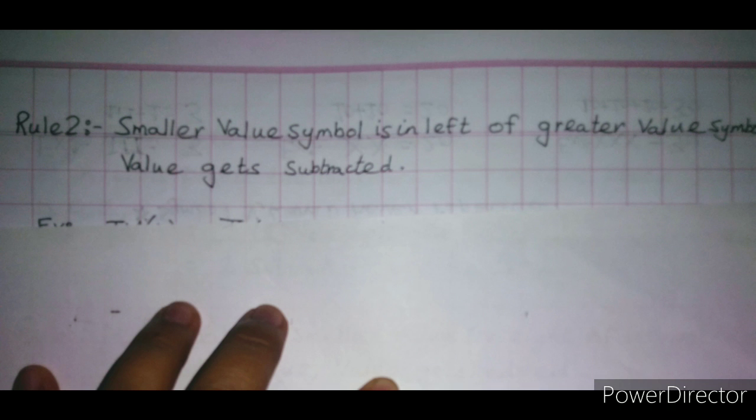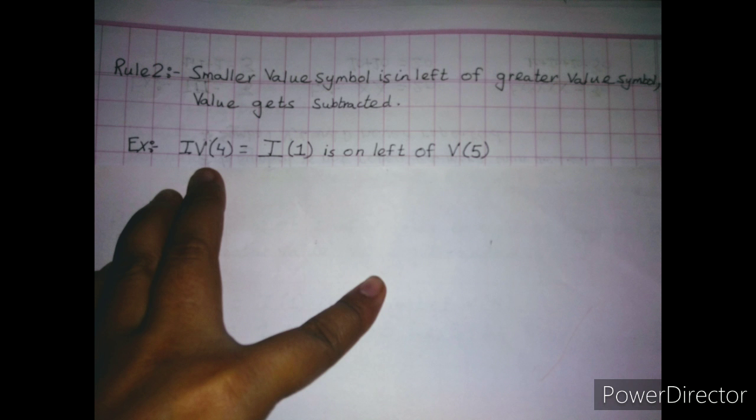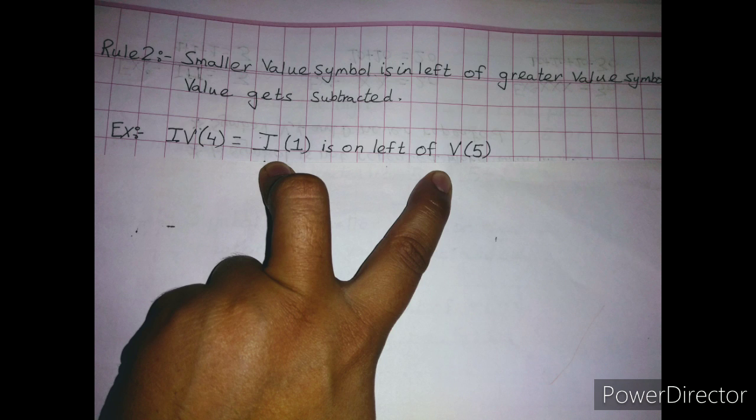Rule number 2 says if a smaller value symbol is on the left of a greater value symbol, then the value gets subtracted. For example, I and V. IV denotes number 4. How? I represents 1, which is on the left side of V, and V represents number 5.